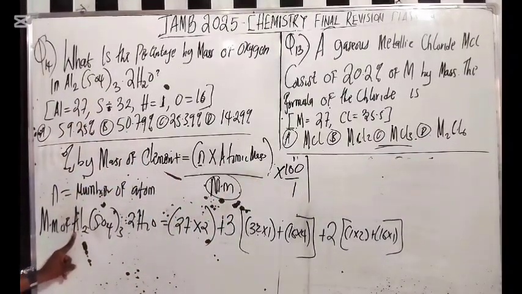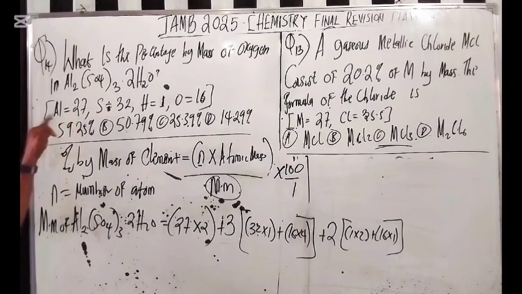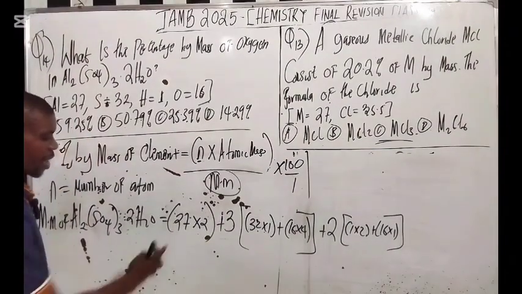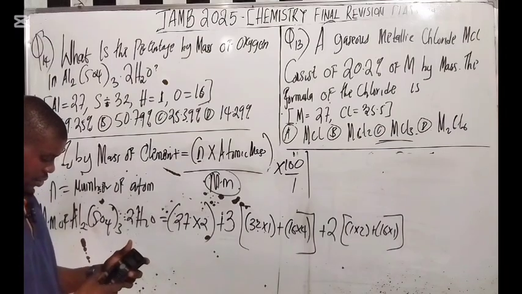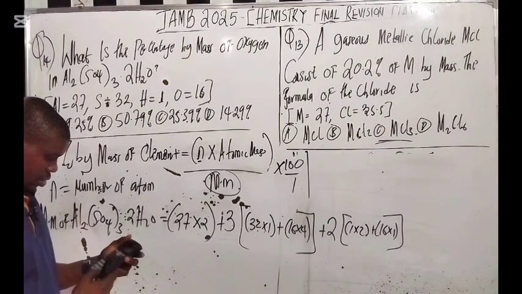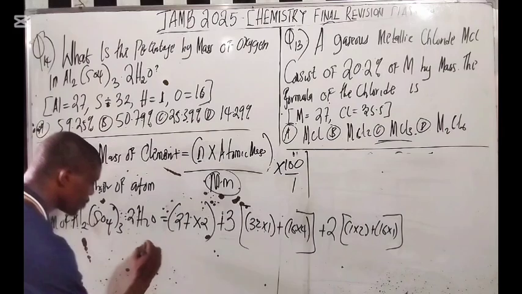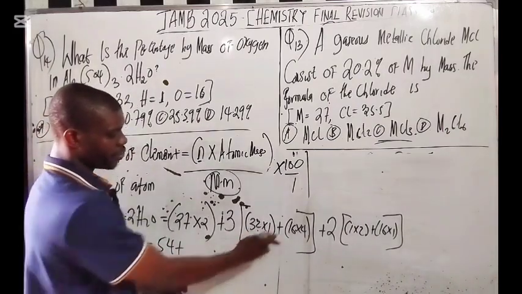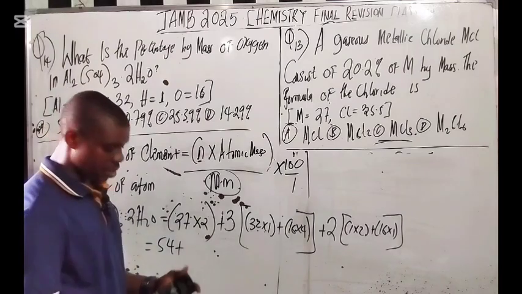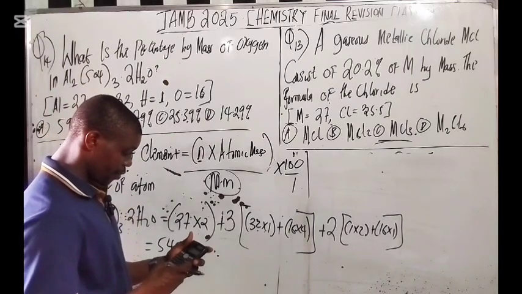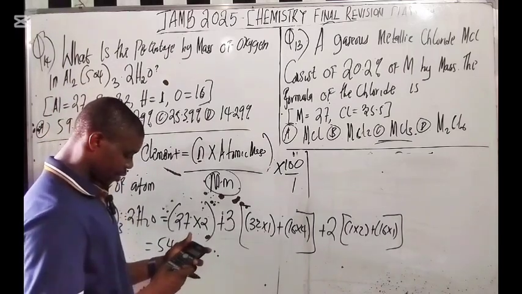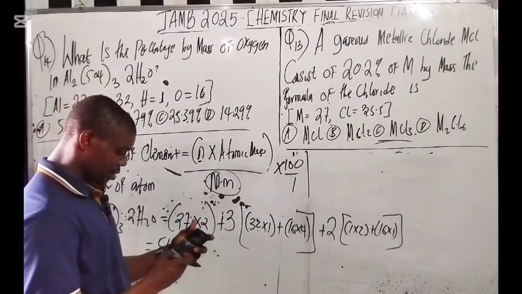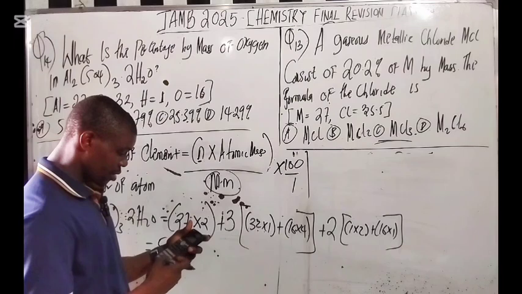The atomic mass of aluminium is given to me to be 27, right? How many atoms of aluminium do you have here? So here we have 27 times 2, which is 54. So here we have 54 plus 32 plus 64, because 16 times 4 is 64, plus 32 times 3.